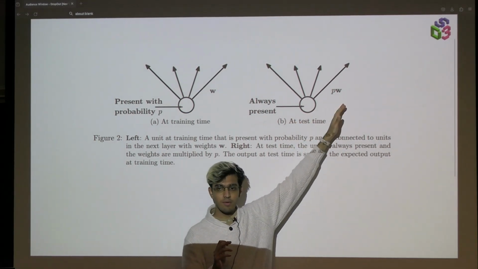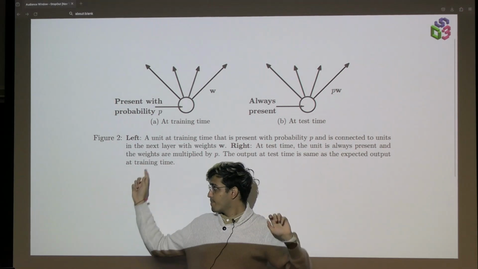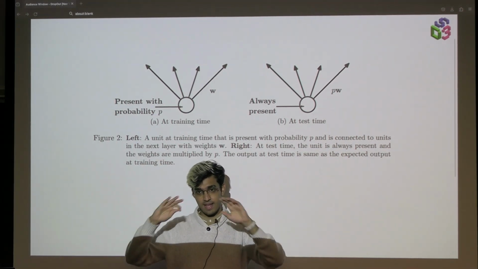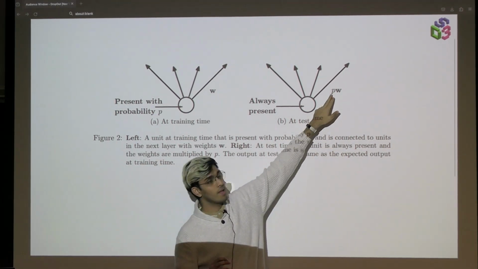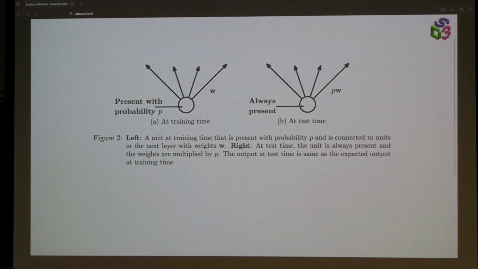So it's always giving the W to the next layer. But to account for the expected training, because we trained it on the expected subnetwork, we multiply it with P, right? So this is what allows us to maintain, in a sense, the characteristic of the training model, right?